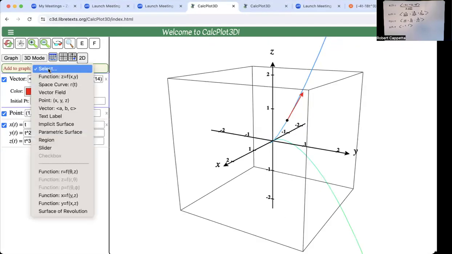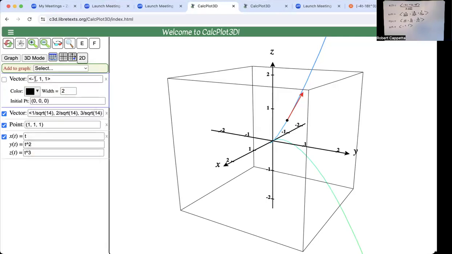So we're going to go ahead and add another vector, which is negative 11 over the square root of 266, negative 8 over the square root of 266, and 9 over the square root of 266. We can make that black. We're starting at the point 1, 1, 1 again.